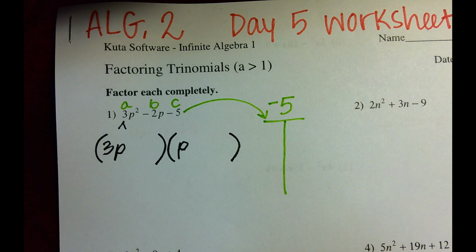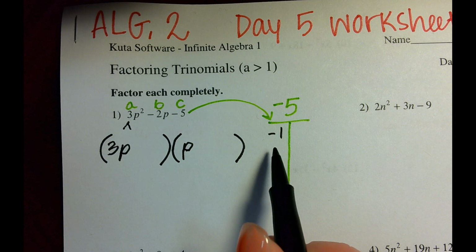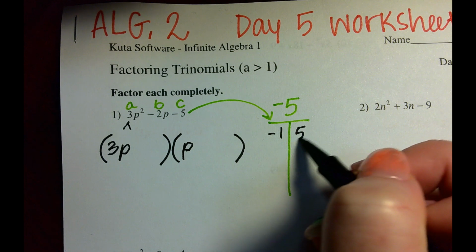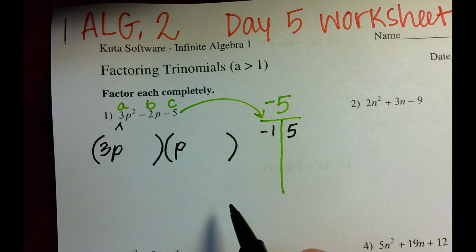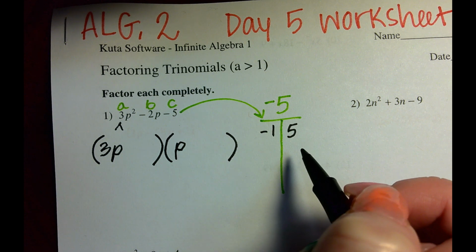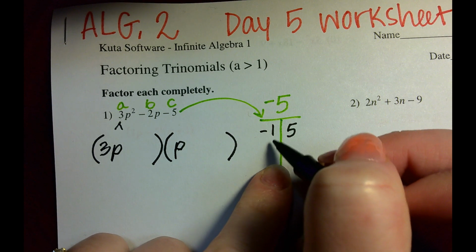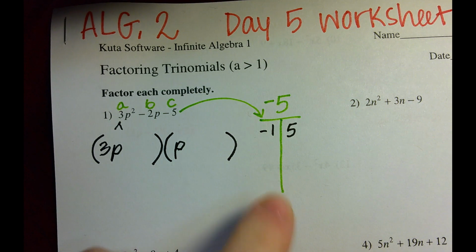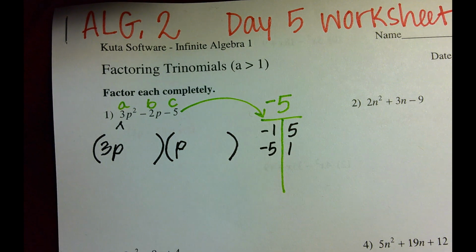So the factors of -5, we'll just start with -1 and +5. What else? Yeah, -5 and +1. We'll just flip-flop the numbers, right? Because 5 is a prime number. The only factors of 5 are 5 and 1. So we have -1 and +5, or -5 and +1.